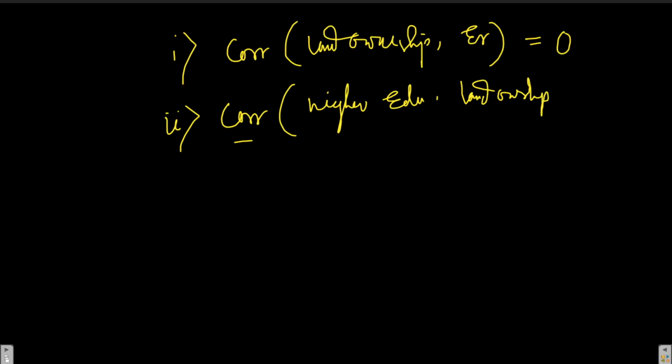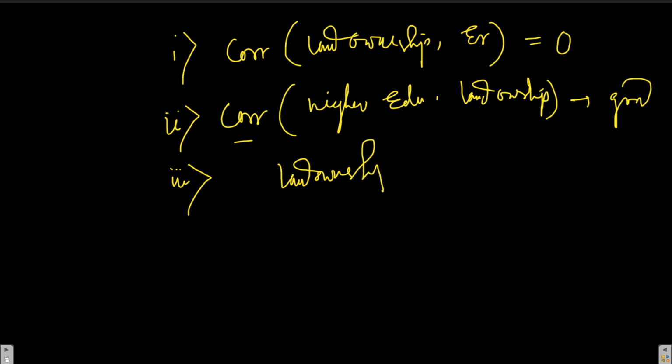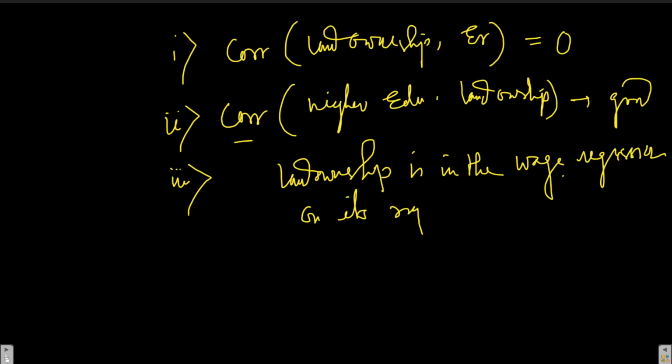And third, I'm going to check if land ownership is in the wage regression in its own right. Those are the three conditions I'm going to check. So let us do that.